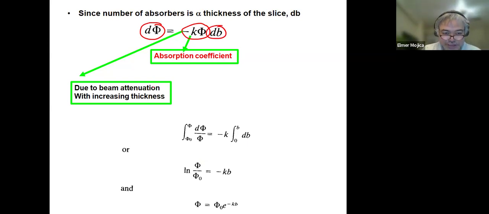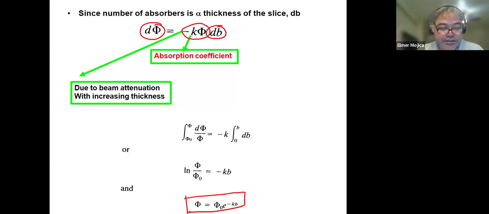The negative sign is due to the beam attenuation, which increases with thickness. Doing this integration, you end up with this relationship.